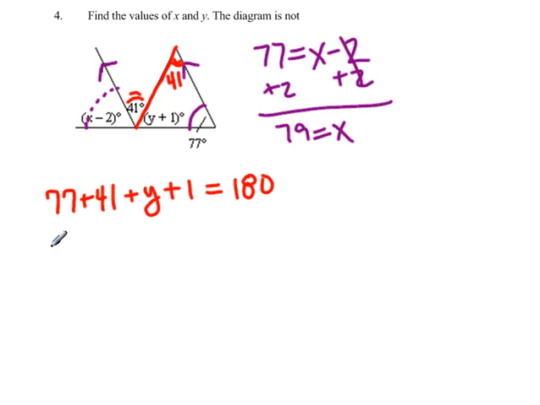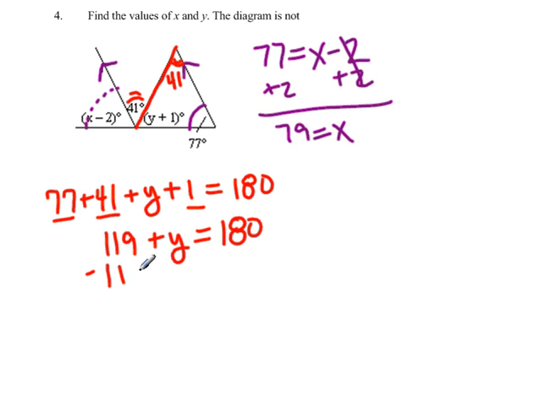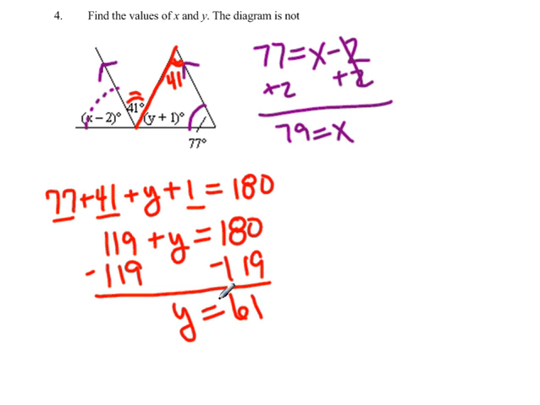So now we're solving for y in this case. So we're going to say 77 plus 41 plus 1. That gives us 119 plus y is equal to 180. So I'm going to subtract 119 from both sides. So therefore, y is equal to 61.